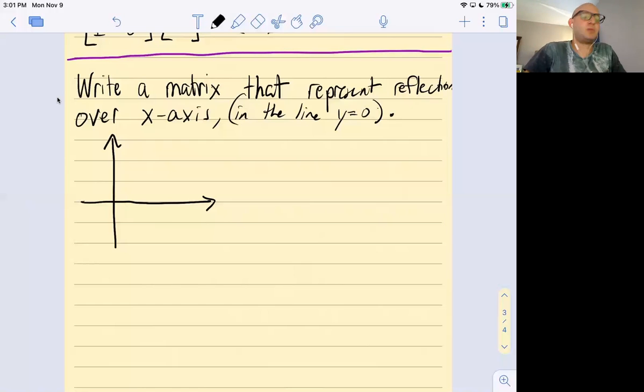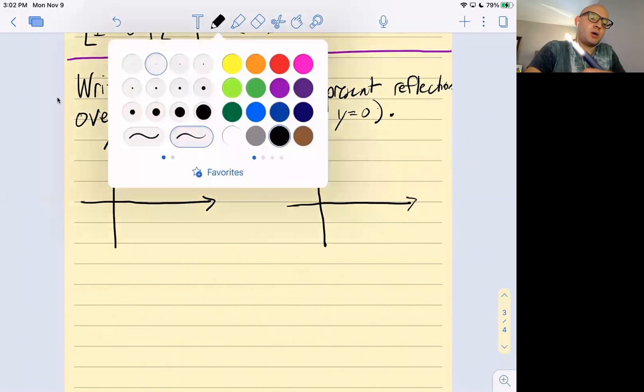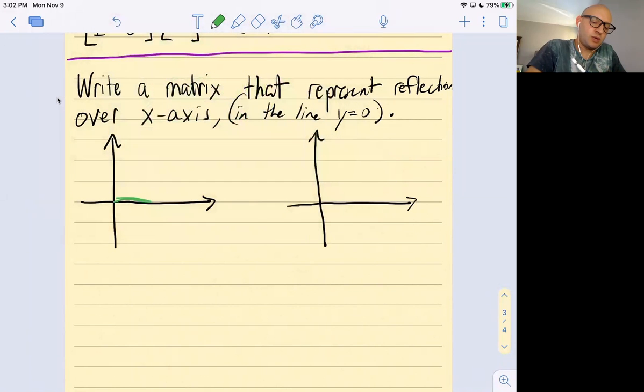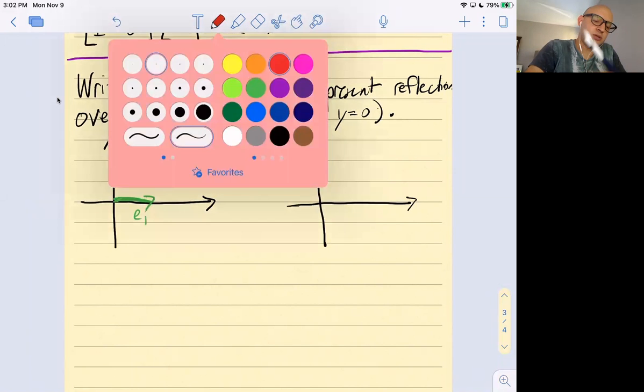But for now, we're just going to do some really simple ones. So first, I draw two sets of axes, one that represents my original paper, and one that represents my transformed paper. And I always draw E1 in one color, and I draw and label E2 in another one.